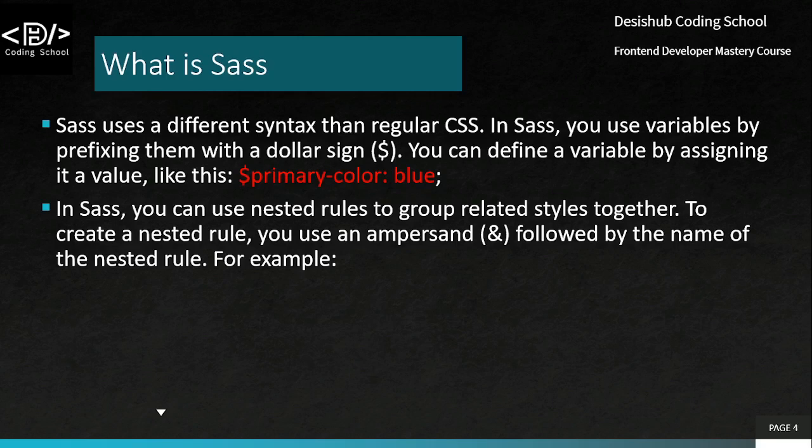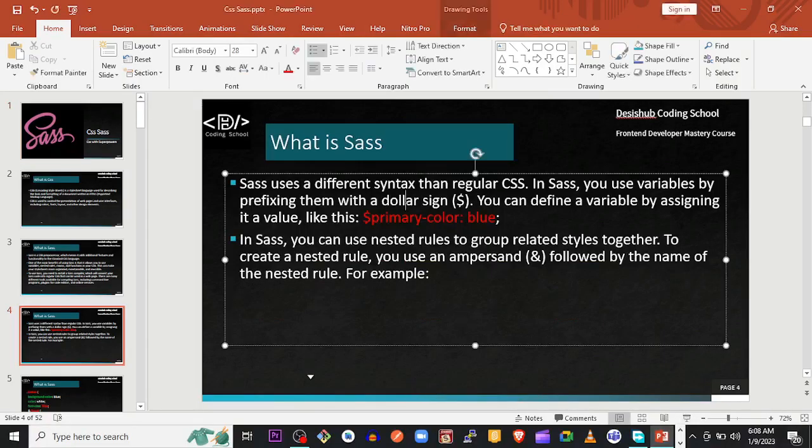Sass uses a different syntax than regular CSS. For instance, for variables, we use a $ sign to create them. If you remember very well, in CSS we used to create variables like this. If I write it down here, you had to define something like this. In a root you define a variable. You first put something like :root, and then inside it you define the variables.